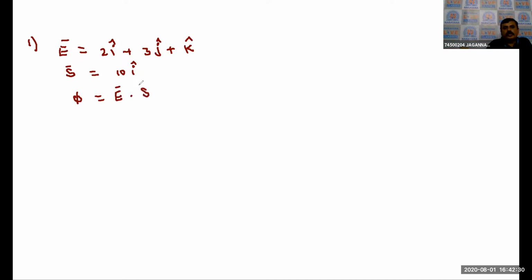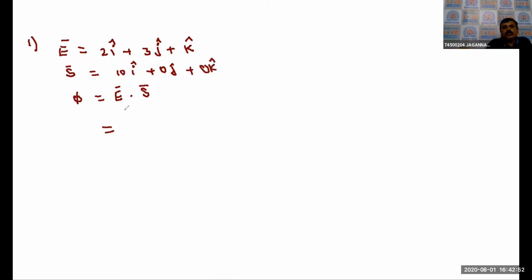We want to find out the dot product: the electric field is 2 I cap and the surface area is 10 I cap, plus along the J axis it will be 0 and also along the K axis it will be 0.